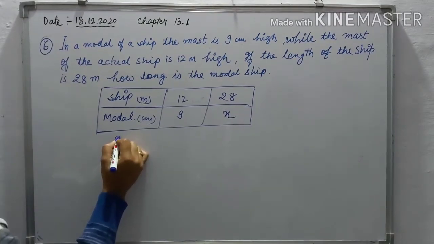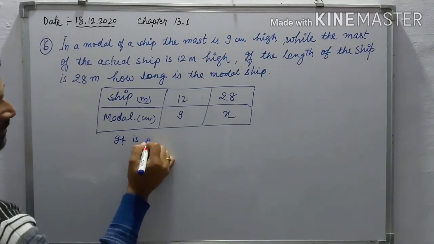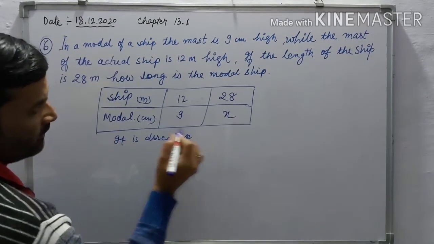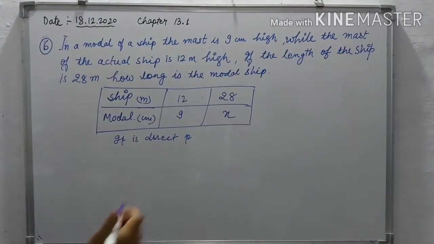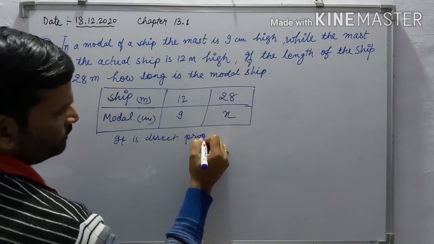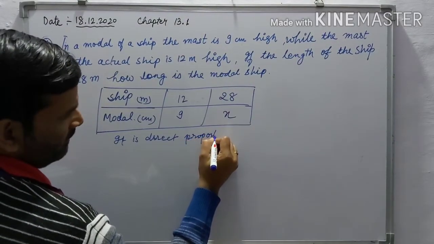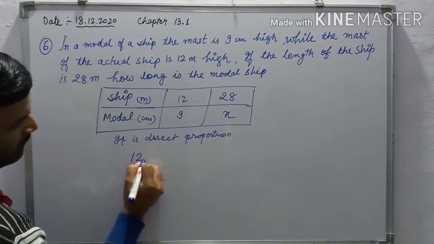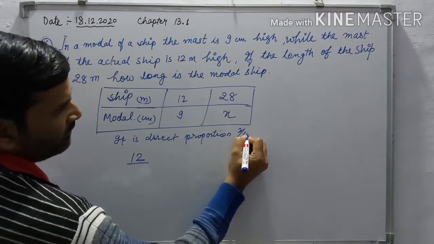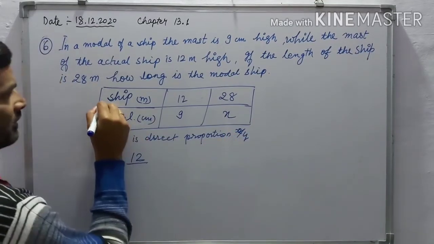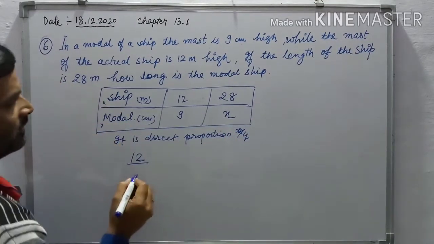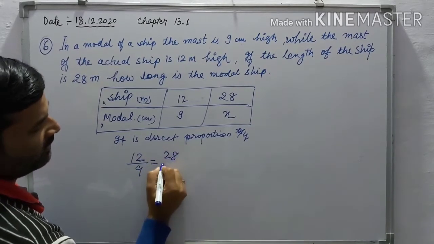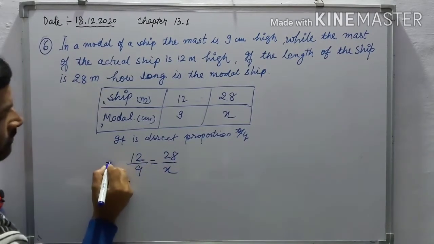It means it is which type? Direct proportion. Okay, we write 12 upon 9 is equal to 28 upon x, keeping the quantities of x and y in the same positions.